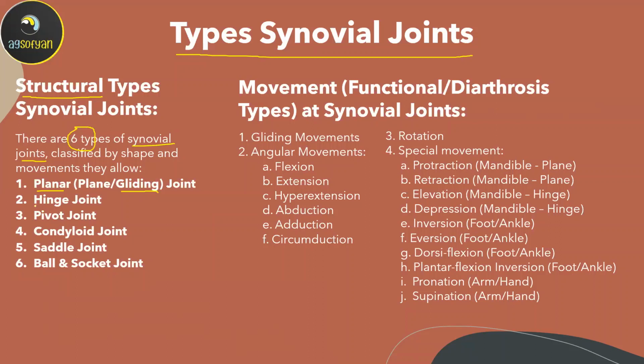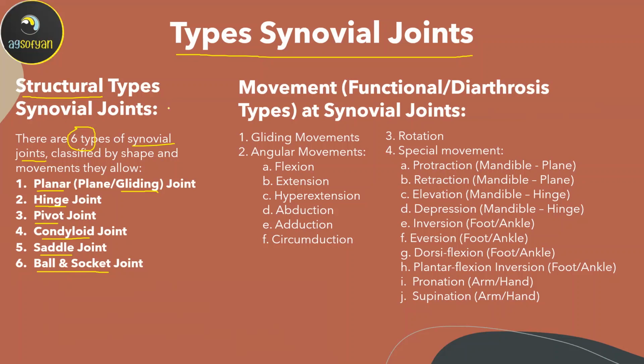The second one is the hinge joint, just like a hinge on a door, so the structure is very similar. Then pivot joint, condyloid joint, saddle joint, and ball and socket joint. So these are the six types of synovial joint based on the structure.